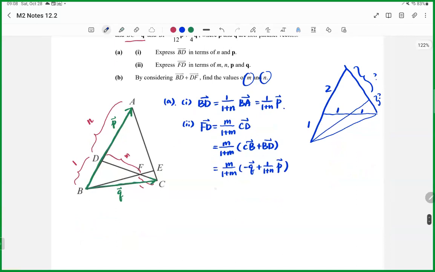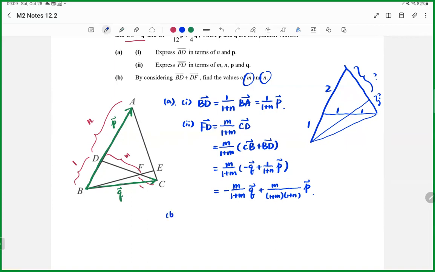So this is my answer, except that I have to express it this way. It's something Q plus something P. This is the standard expression, a combination of P and Q, basically.